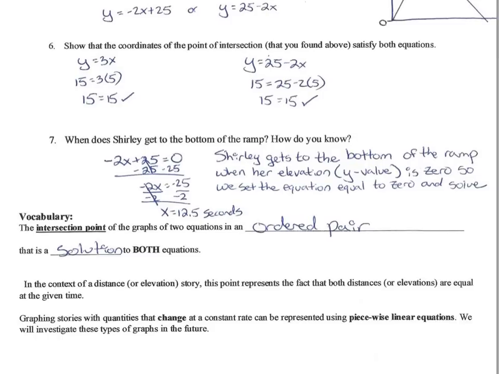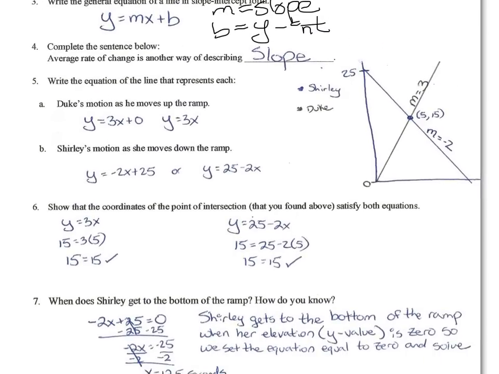Number 7, when does Shirley get to the bottom of the ramp? How do you know? Shirley gets to the bottom of the ramp right here. If I go back to my other graph, that doesn't land on a nice even second mark. But she will get to the bottom of the ramp when her elevation is equal to 0.